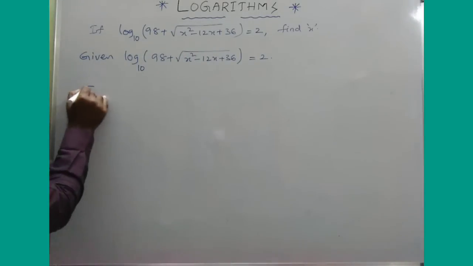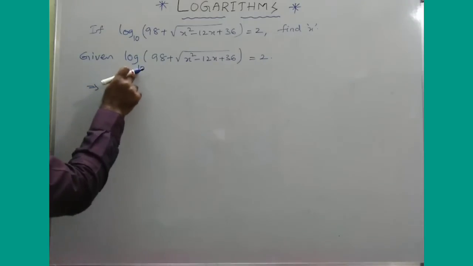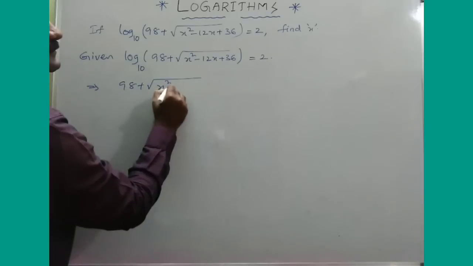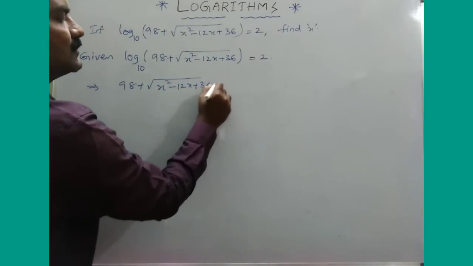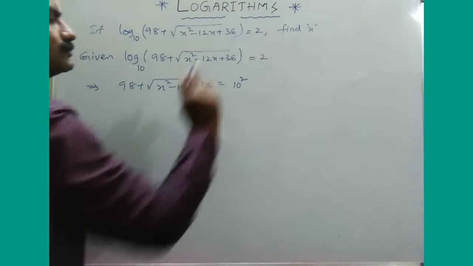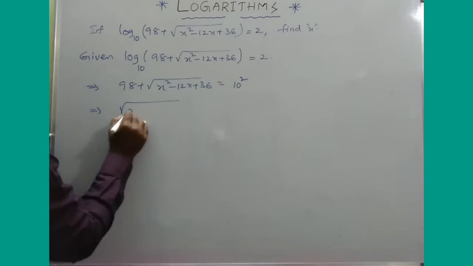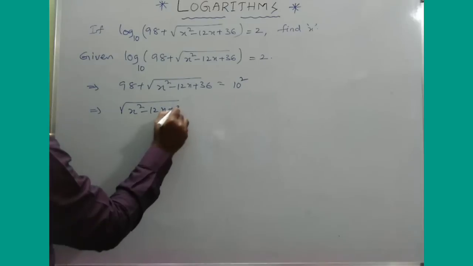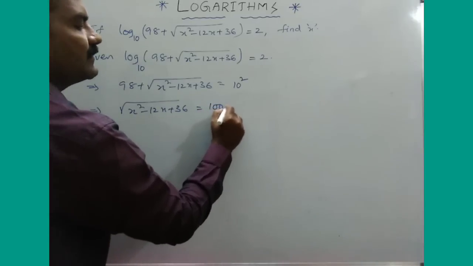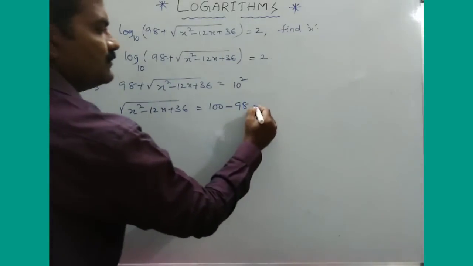So step number 1, send this logarithmic base to that side. If you send this logarithmic base to that side, then the logarithmic base becomes the ordinary base, 10 to the power of 2. So that is root of x square minus 12x plus 36 is equal to 100 minus 98, which is equal to 2.